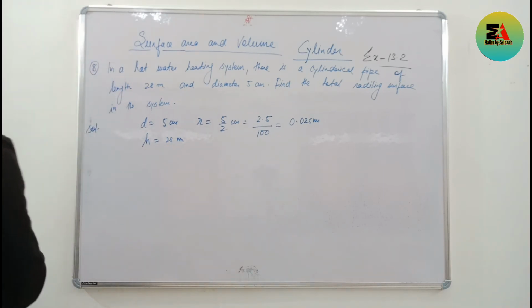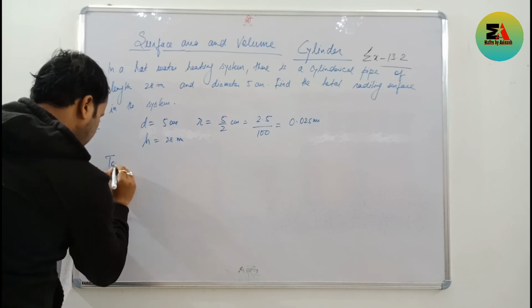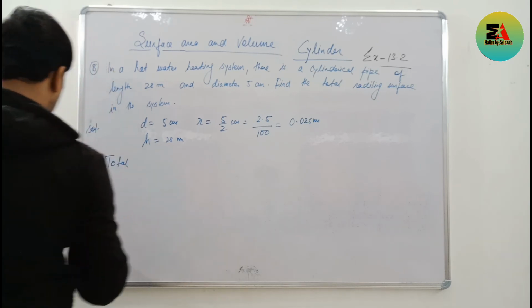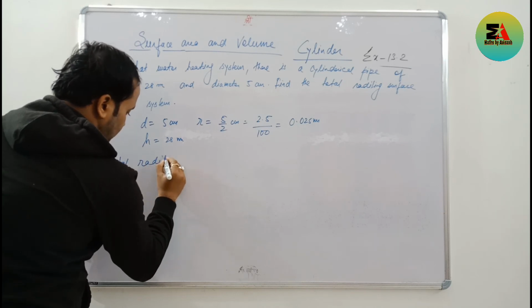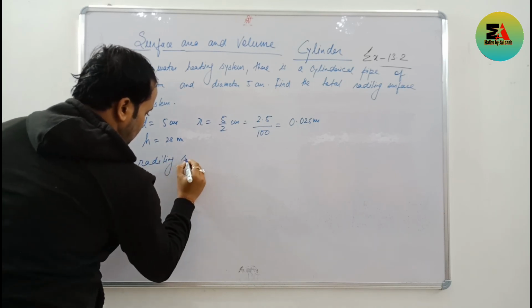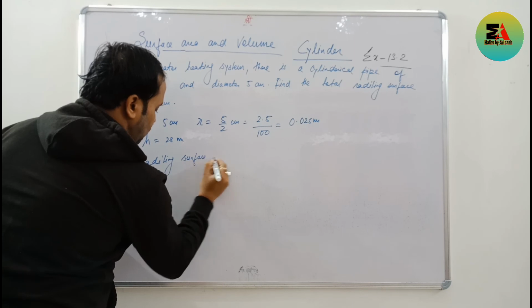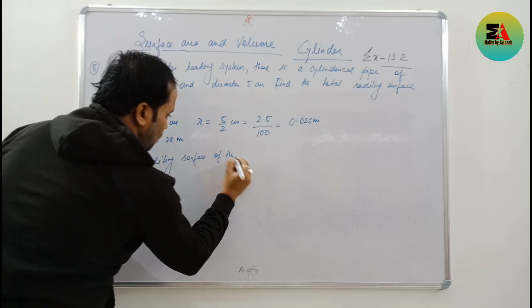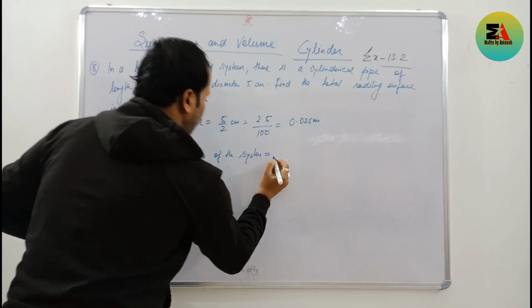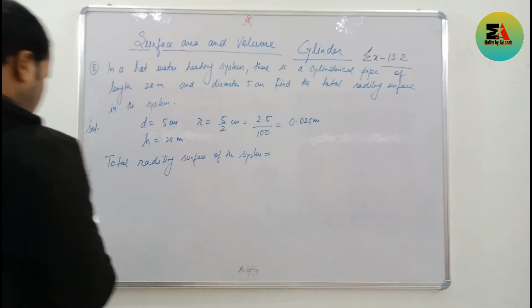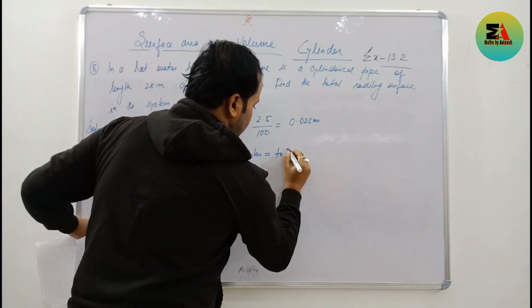Therefore, total radiating surface of the system is equal to the total surface area of the cylinder.